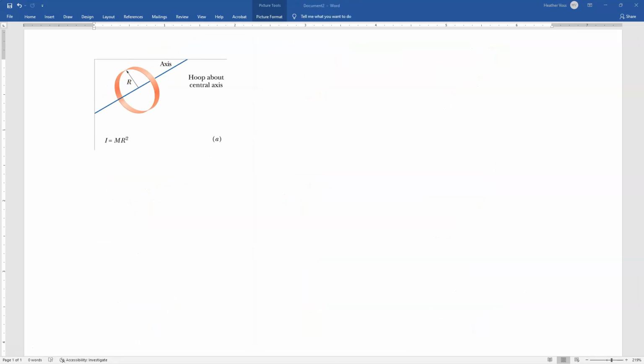So we are going to start with the simplest example, just a hoop about a central axis. So we're going to look at that integral. The integral is the integral of r squared dm, and that's going to equal our moment of inertia. Now, what do I mean by a dm? Well, that means that we're going to look at an infinitesimal mass.